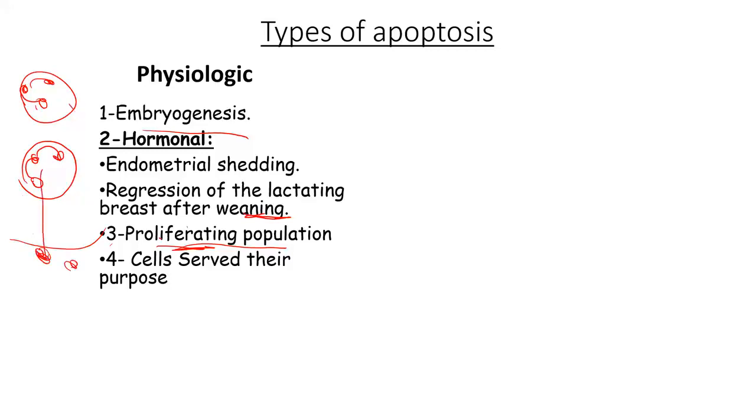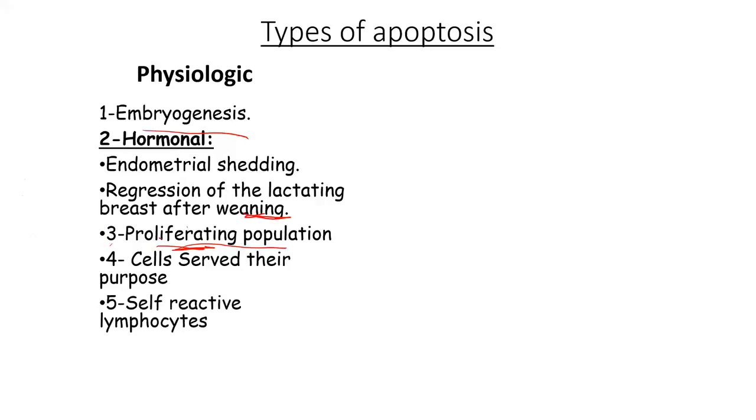After the process of killing the microbe, and everything is okay, these neutrophils are not wanted anymore. They serve their function, and so we say thank you and just go and die by suicidal apoptosis. So these are the cells that serve their purpose. They die by apoptosis as a physiologic form of apoptosis.